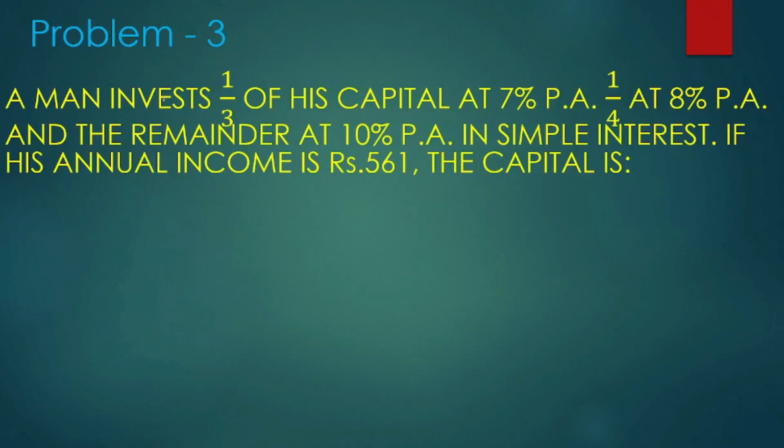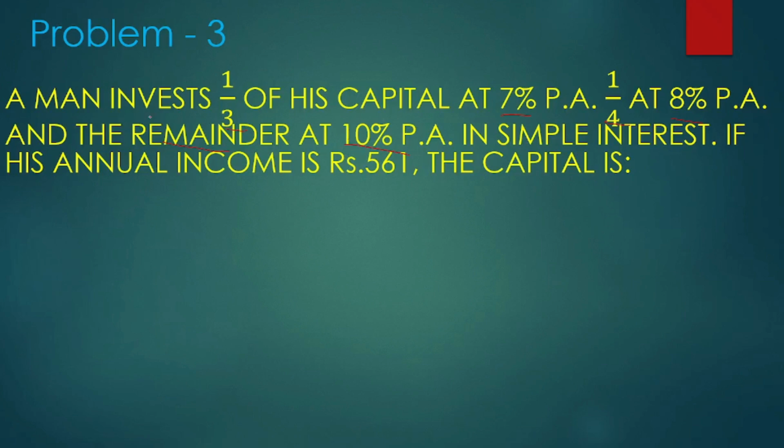Now the third problem. A man invests 1 by 3 of his capital at 7% per annum, 1 by 4 at 8% per annum, and the remainder at 10% per annum in simple interest.